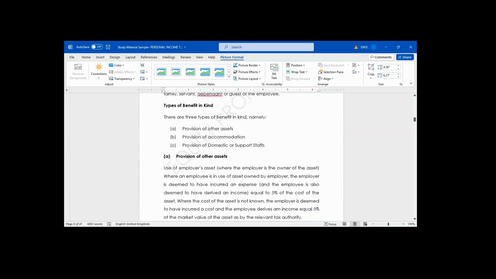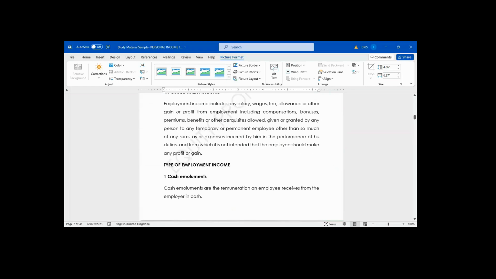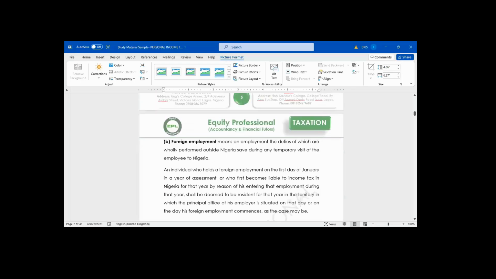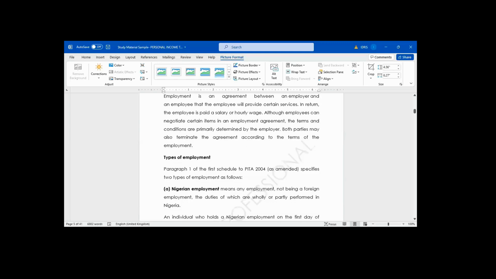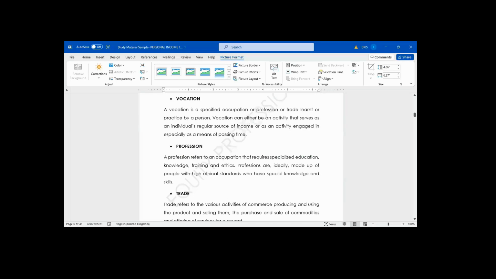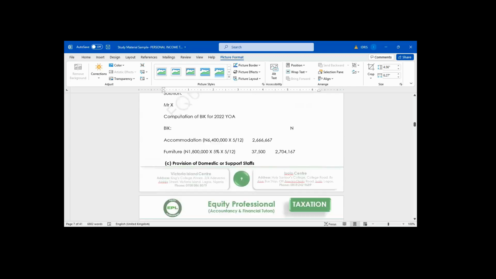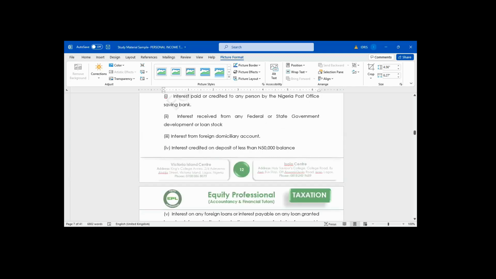Example of unearned income: rent received, interest received, royalties. They are all example of unearned income. Unearned income are those income that you derive from investment activities. Rent received, royalty received, interest received, dividend received, they are what? Unearned income.